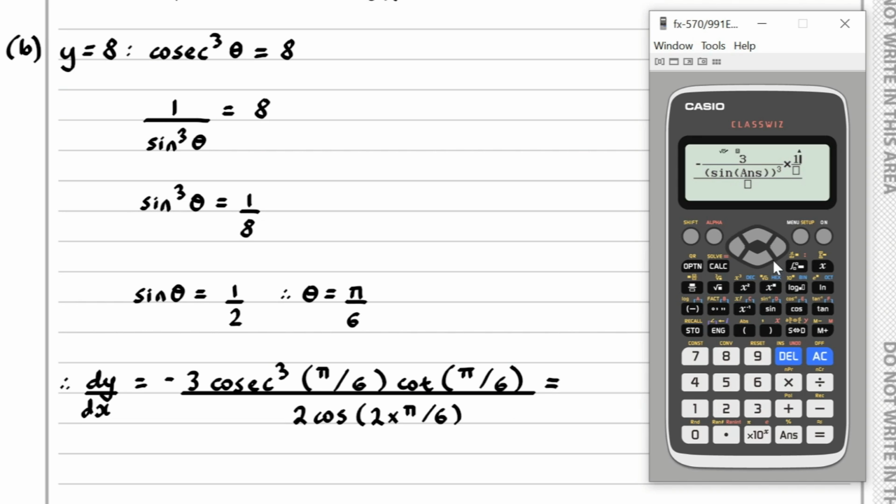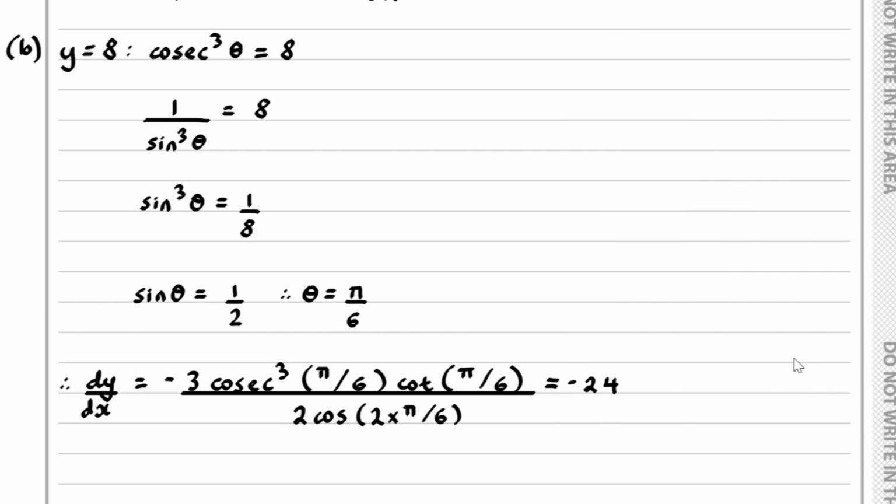Cot is the same as 1 over tan, so we've got 1 over tan of pi over 6, and then on the bottom we've got 2 lots of cos of 2 times by pi over 6. It turns out we get minus 24 times by the square root of 3.